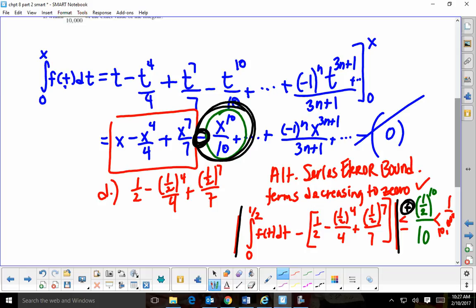And in all actuality, Cameron, if you want to put absolute values, you can, just like we do with the Lagrange. But when we say these terms decrease to 0, we're saying that the terms without the whole alternating part decrease to 0. So we're kind of looking at the terms without the alternating part when we go here. Does that help a little? Okay.